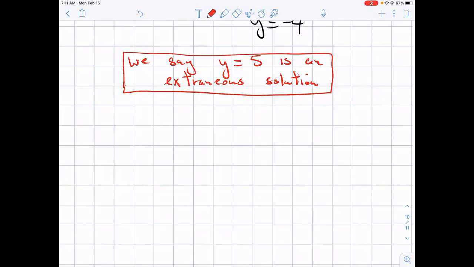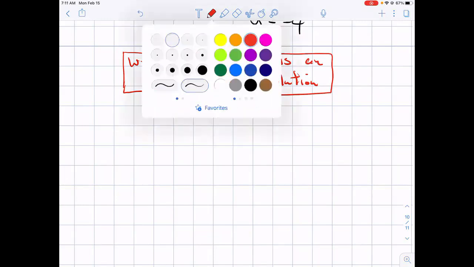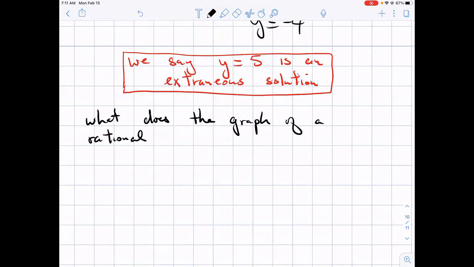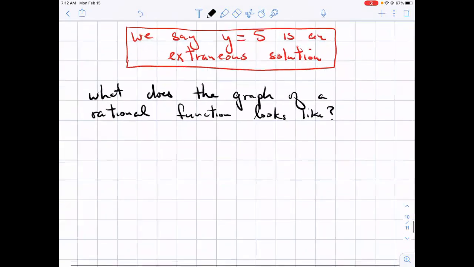What is the graph of a rational function? In addition, how do we graph it?